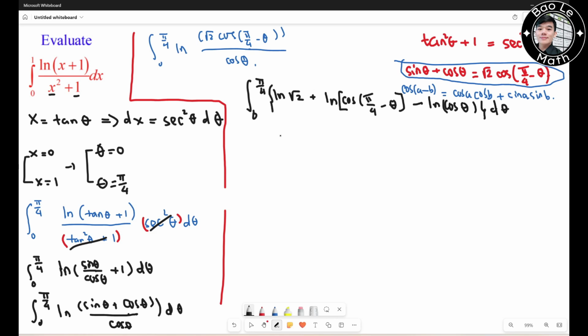Now we just split this one again. The natural log of root 2 is natural log of 2 to the power 1/2.